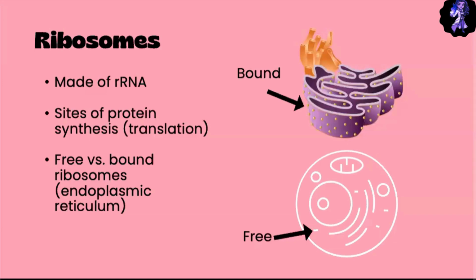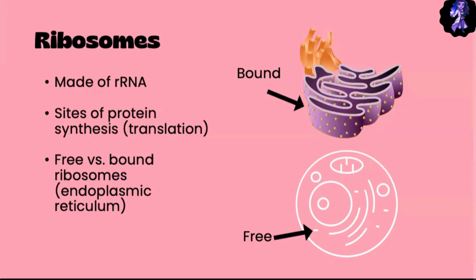Now let's talk about ribosomes. Ribosomes, as we previously stated, are associated with the nucleolus. So let's talk about the different specific types of ribosomes. You will see here the picture of that cell again, but it's a better picture than the one I've been drawing so far.